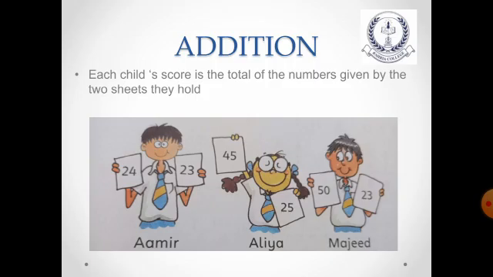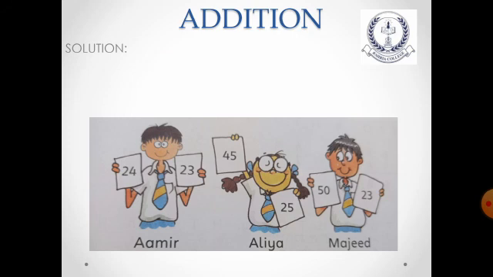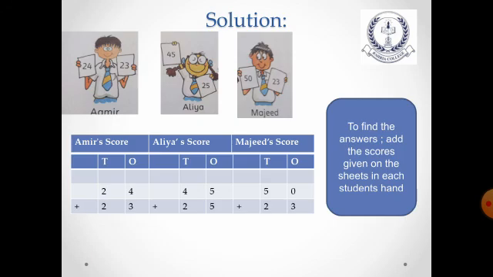In the next step, we need to add the scores of these children. Here is the solution. You can see it in the blue box. To find the answers, add the scores given on the sheets in each student's hand.